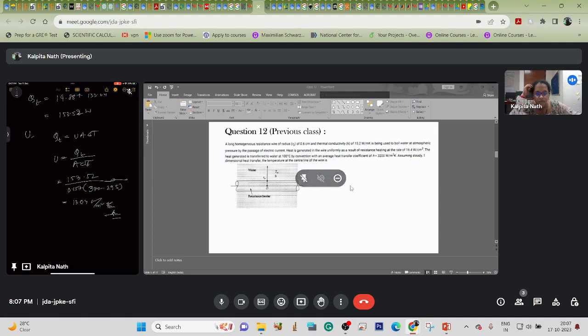What we need to find out is the temperature at the central line of the wire. I'll give you 5 minutes for this and then we will proceed with the solution.